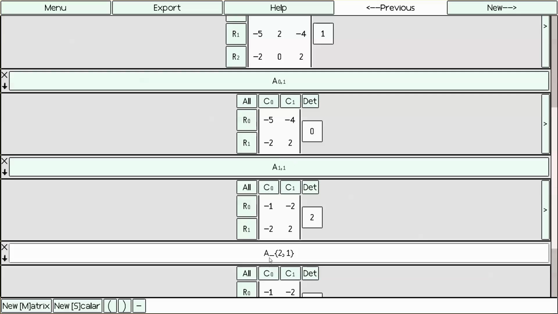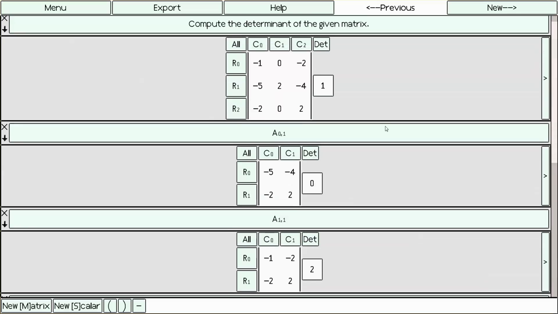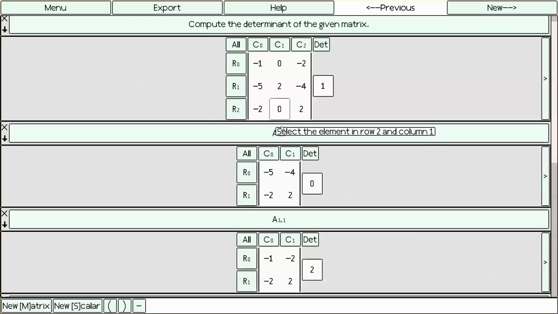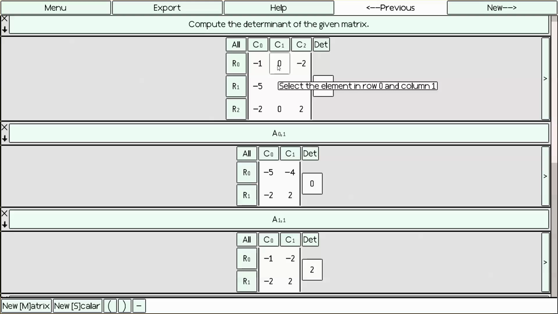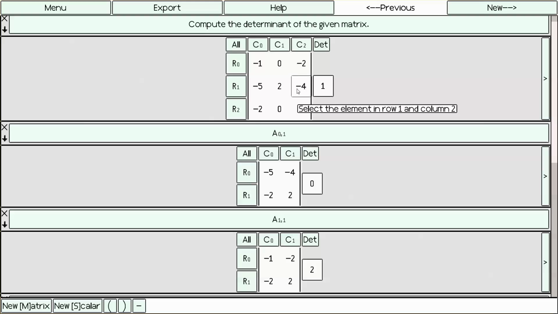And you've got the minor 2, 1, which means row 2, column 1. If you notice the first minor 0, 1, it has been computed with the scalar 0 times the minor, which is -5, -4, -2, and 2.